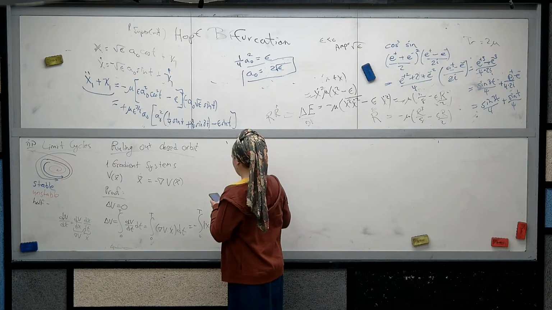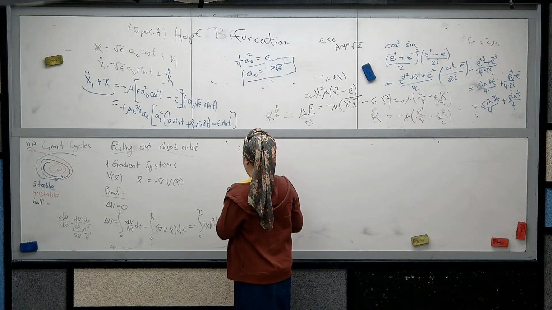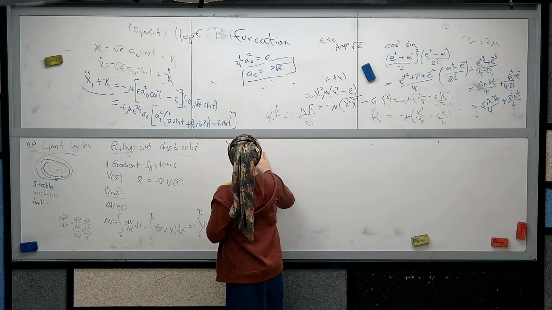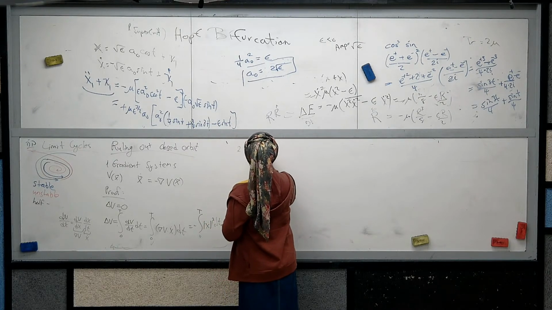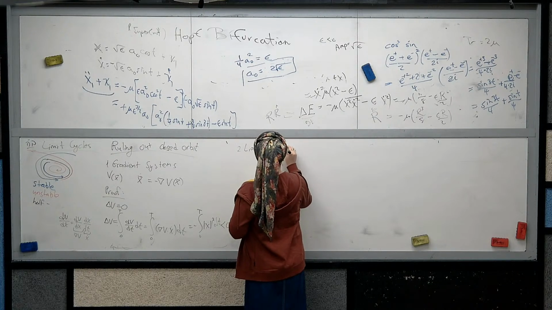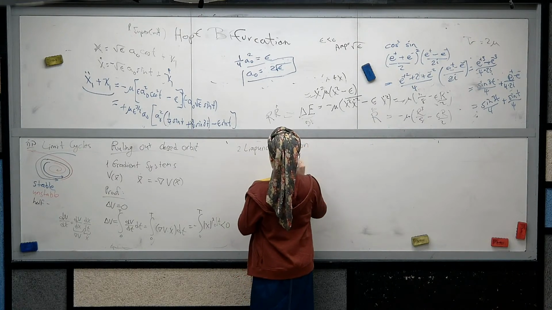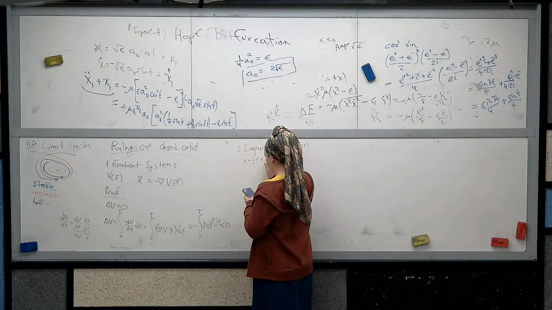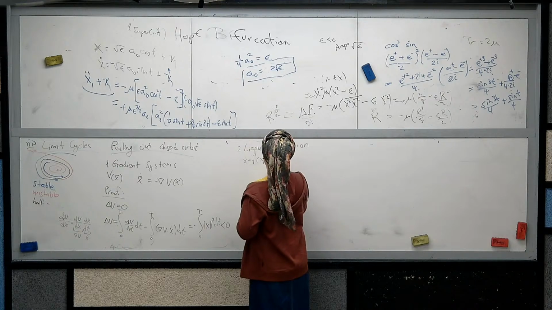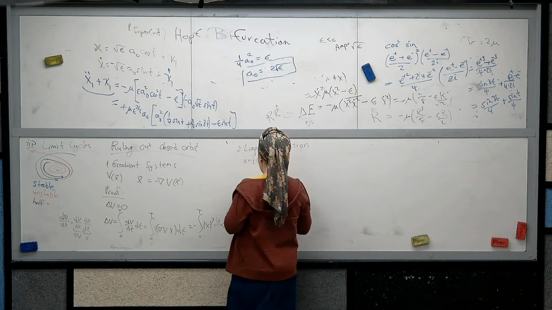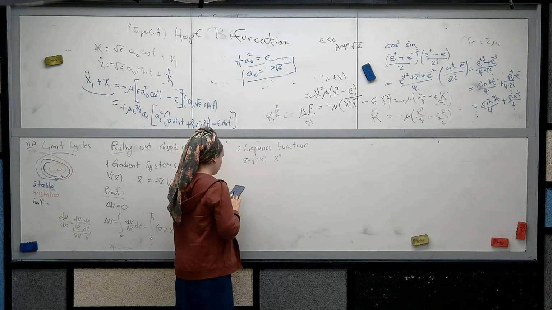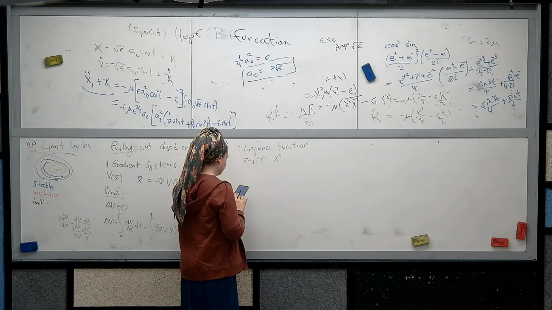Second way: a Lyapunov function. What is the Lyapunov function? We have the system x dot equals f of x with fixed point x star, where x is a vector.